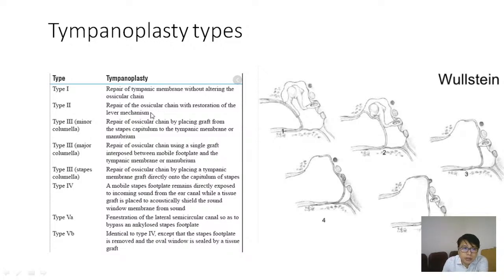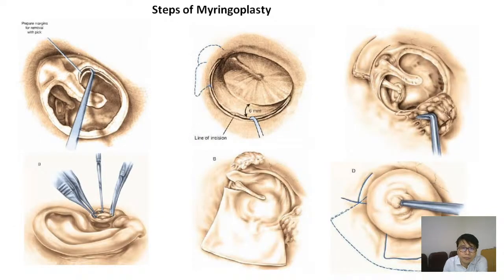In other words, type 1 is very similar to another term we call myringoplasty. Myringoplasty just means we repair the tympanic membrane, but we don't look much into the ossicular status or the disease in the middle ear. But in tympanoplasty, we look at the other two things also. Briefly on myringoplasty, there are two types according to where we place the graft.